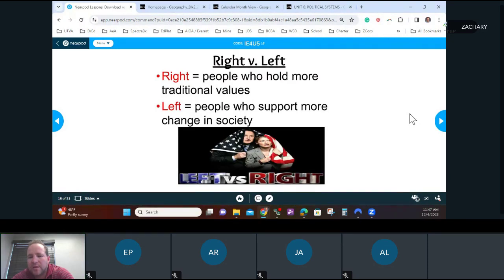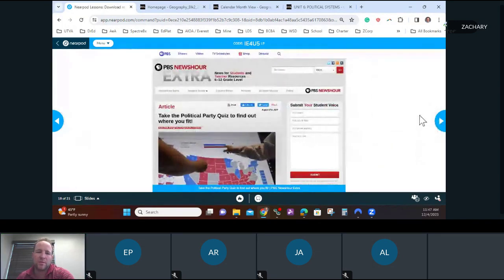Most Republicans are very big on family values, and they're against things like abortion, and they believe in traditional marriage, that kind of stuff. On the left, they're more supportive of changes in what society's doing and that kind of stuff. And so that's a good way to look at it.